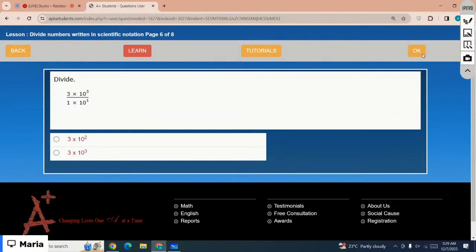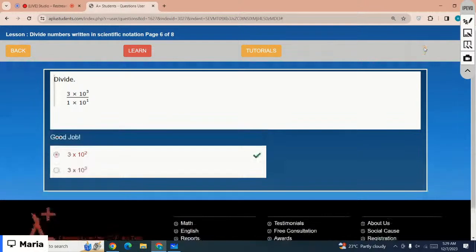Yes, the correct option is option number 1, that is 3 times 10 exponent 2.